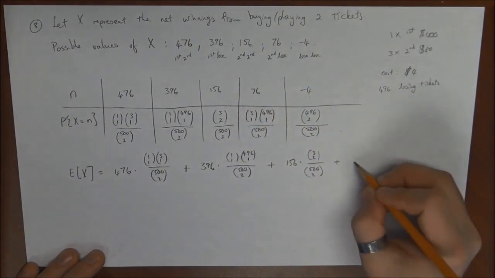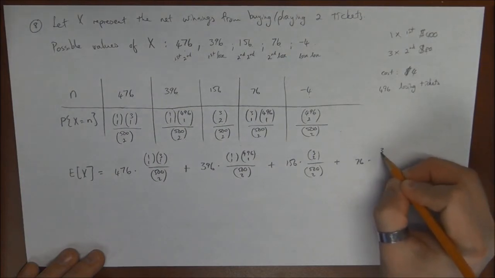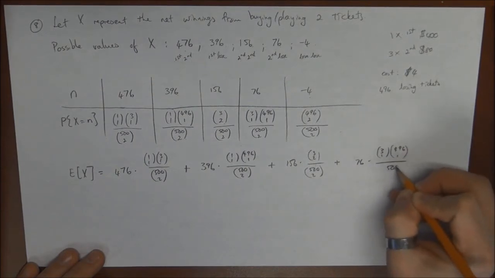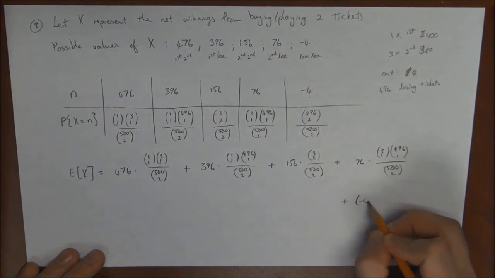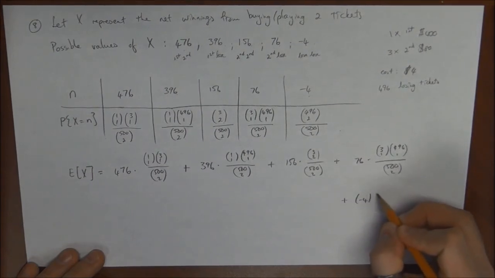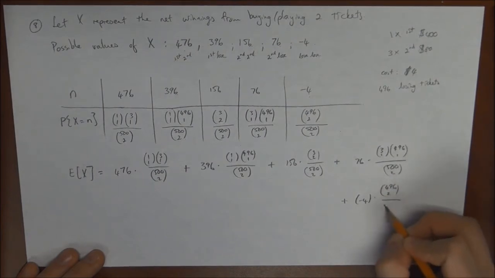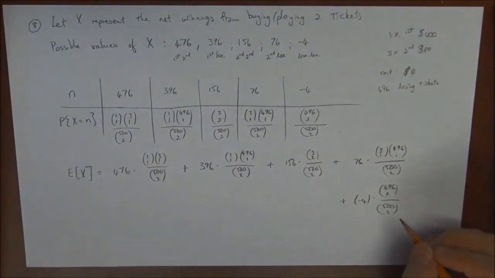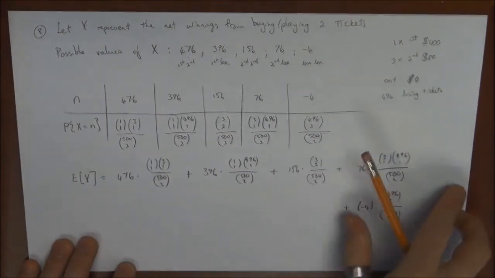Next one is 76 times 3 choose 1, 496 choose 1, over 500 choose 2. I'll do the next one here, plus -4 times 496 choose 2 over 500 choose 2. Now it's a little tedious that I have this 500 choose 2 at the bottom every time.